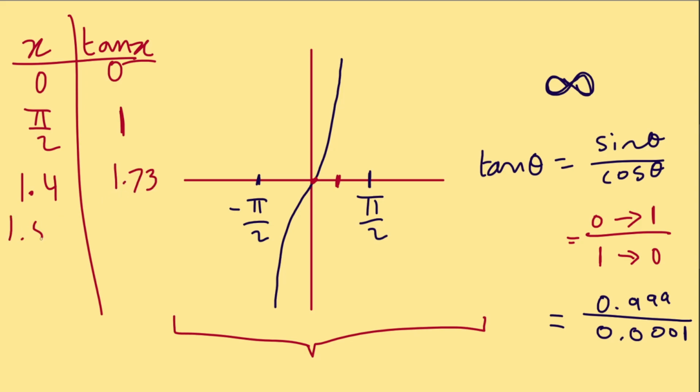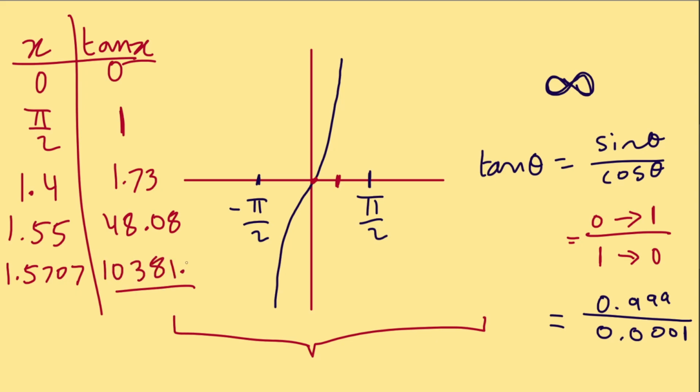At 1.55, it's 48.08. So just times by 40 already. At 1.5707, I want you to just think what this number here might be. It's 10,381.3. From this tiny difference. This number eventually reaches infinity.